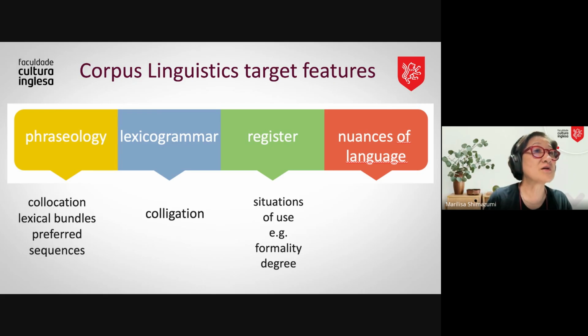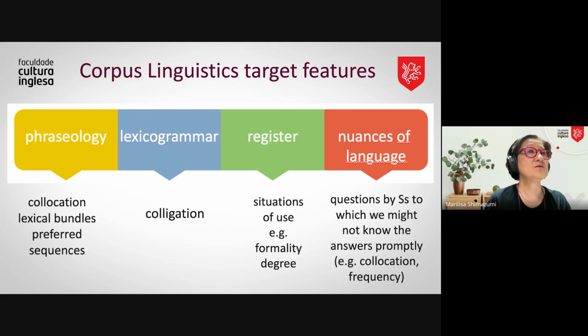And nuances of language. Corpus can help you deal with these situations, questions by students to which we might not know the answers promptly. So sometimes we don't know the answer, and perhaps that's what we tend to say: well, guys, this is how the English language behaves.